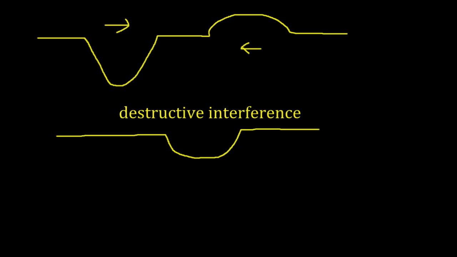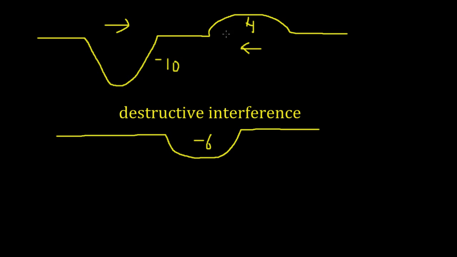So it's pretty straightforward, and they basically just add. If the amplitude of this was -10 and this was 4, this would be -6. It's just straight up addition.